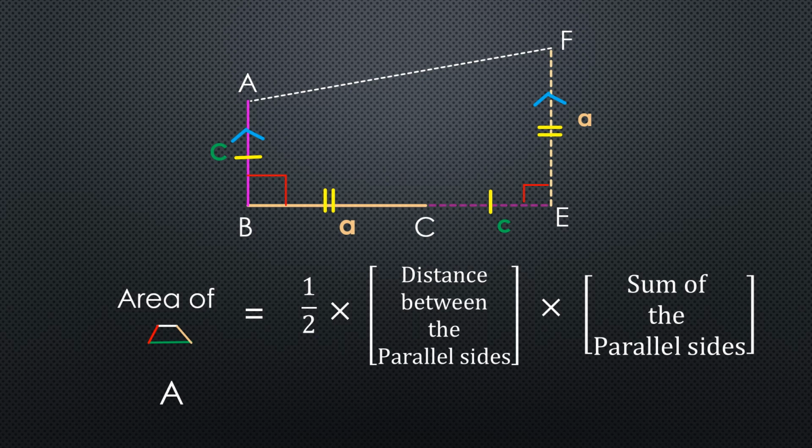So therefore we can write it in the form of a formula: area A is equal to half into H into A plus C in this case. So this is our formula we are going to use at the end. Now, so let us start the proof part.